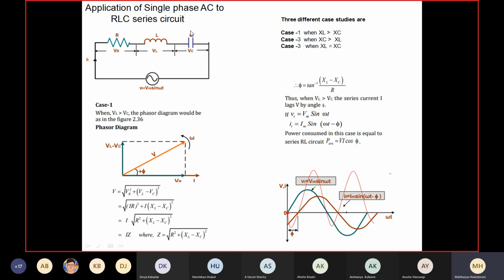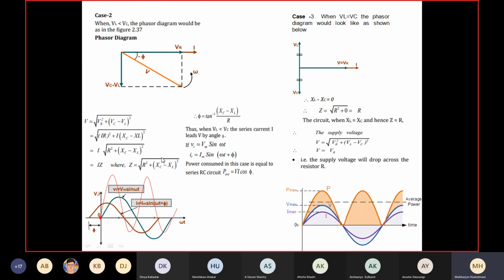If capacitive reactance is greater than XL, you can see here. If both were equal, so what is that? All the three cases we have to study. Case number 1, next case number 2, case number 3. That becomes a complete study of series circuit for the application of single phase AC.